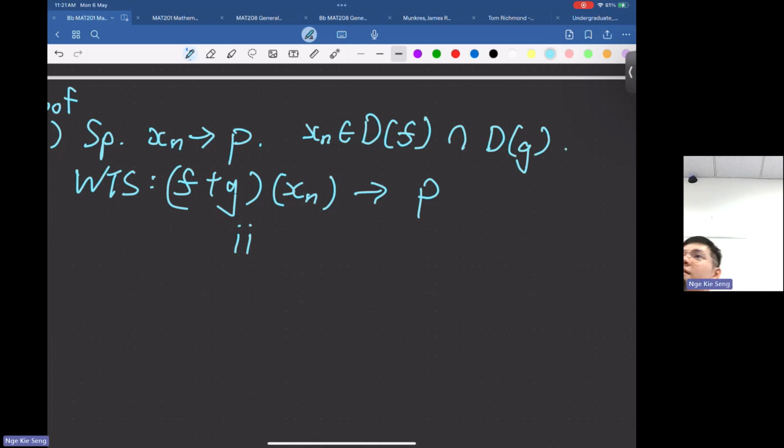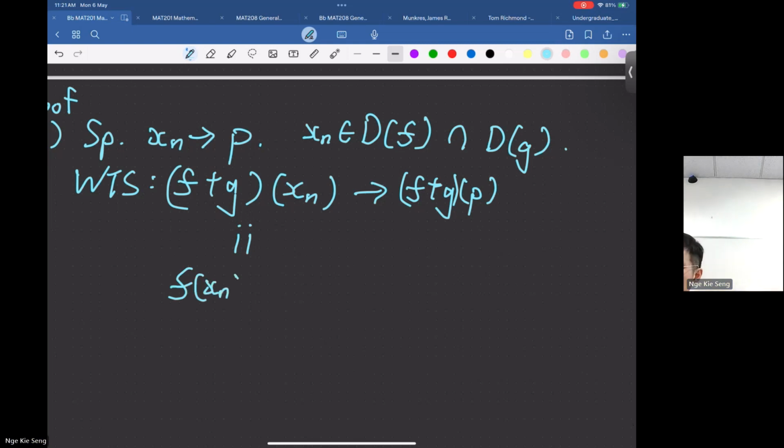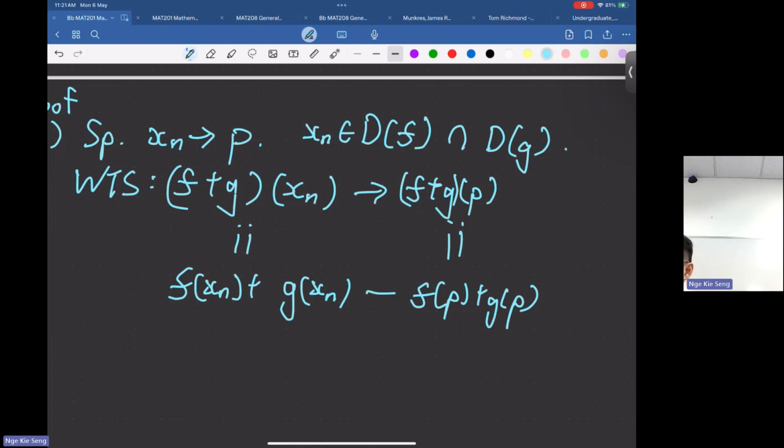Oh, sorry, I missed out, it should be (f plus g)(p). Okay, thank you. So what is f plus g on x_n? How did we define it just now? f(x_n) plus g(x_n). How about (f plus g)(p)? f(p) plus g(p). So this question becomes what?